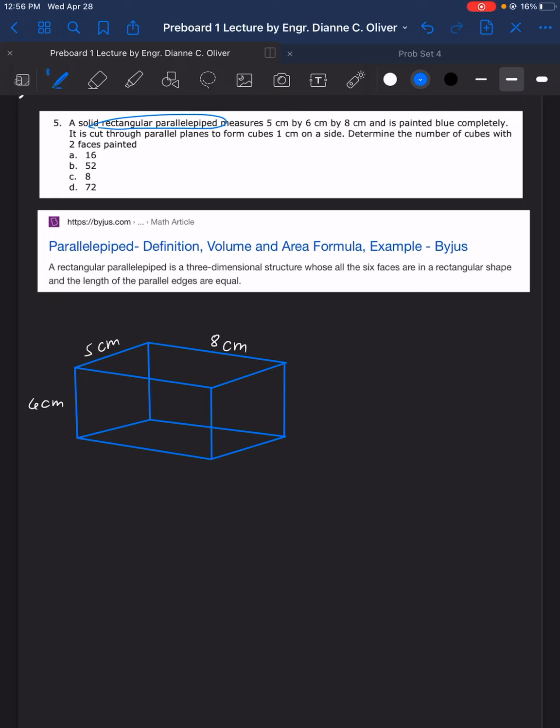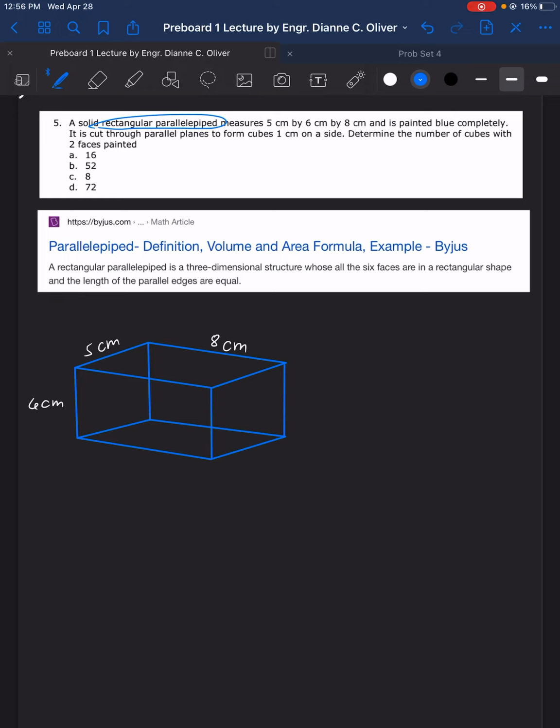Okay, so it's a rectangular prism. The dimensions are 5 centimeters by 6 centimeters by 8 centimeters. And it's looking for the number of cubes, 1 centimeter on a side, which are painted only on 2 faces.